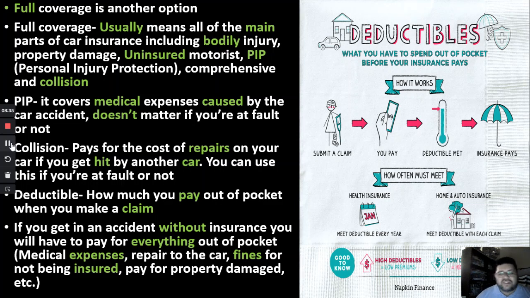You need insurance. But let's just say you decide, I'm not going to have insurance. I'm going to ride dirty because I'm the best driver in the world. Well, here's the thing: if you get in an accident, whether it's your fault or not, you're going to have to pay basically everything out of your own pocket. When I say everything, I'm talking everything: medical expenses, repair to your car, fines for not having insurance. Because remember, even if it's the other person's fault that caused the accident, the cops are still going to ask you for your insurance.